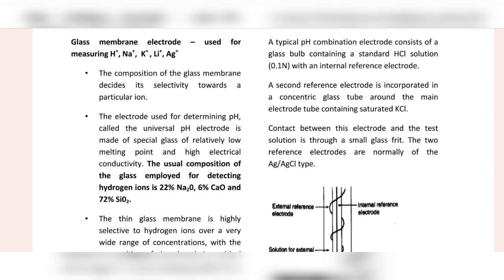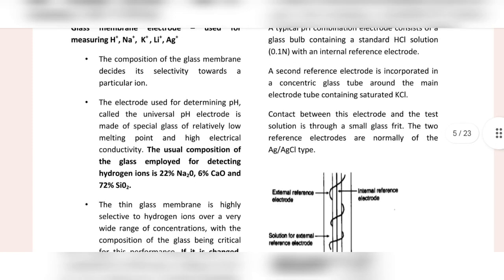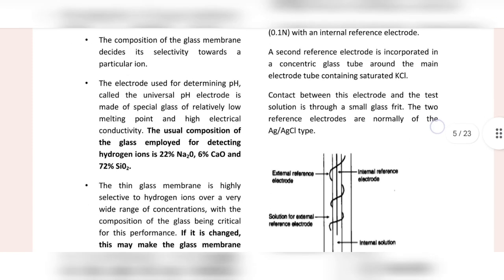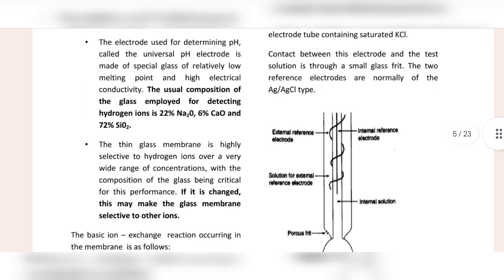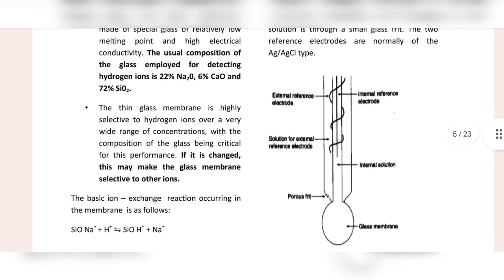Inside the glass bulb and the tube connected to it, there is standard HCl solution, and outside it there is the second reference electrode in a saturated KCl solution. The contact between this electrode and the test solution is through a small glass frit. See, there is a porous frit below.